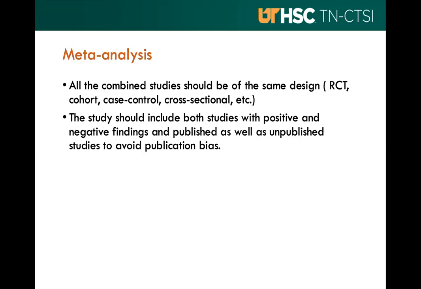So you end up having studies that only find a significant association between the exposure and outcome of interest, whether that is positive or negative. So when we leave out studies that do not find a significant association, we run into what is known as publication bias.